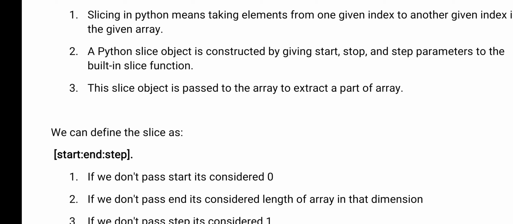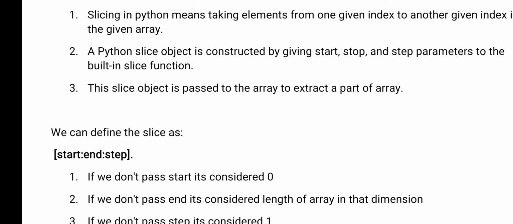A built-in function you get from the software itself. You do not need to write a function body, you just give the parameters and call the function. Slicing is also a built-in function of Python, and it has 3 parameters: first is start, second is stop, and the third is step.